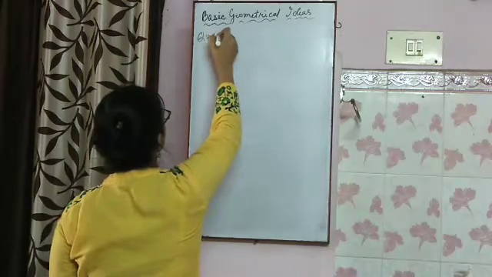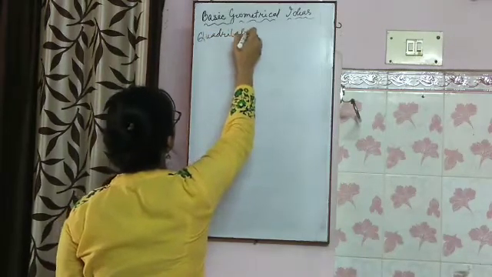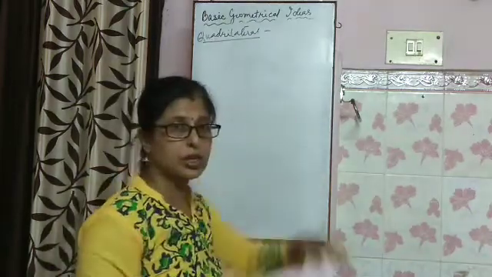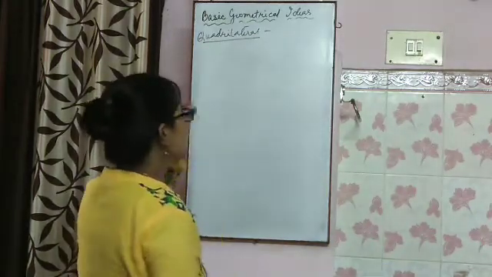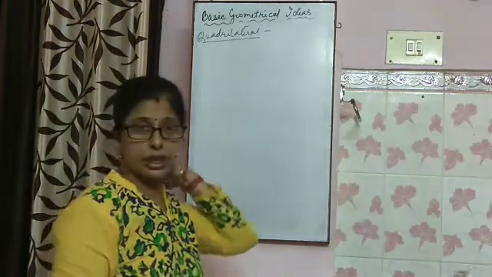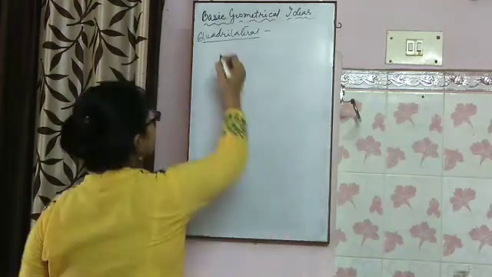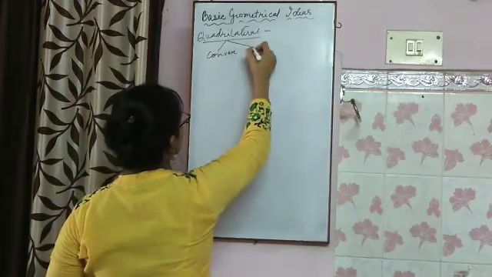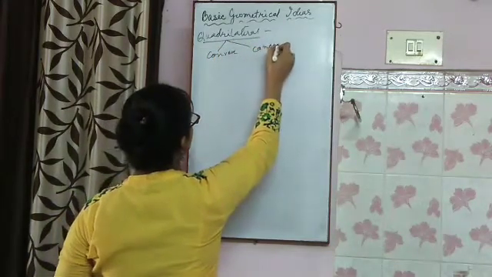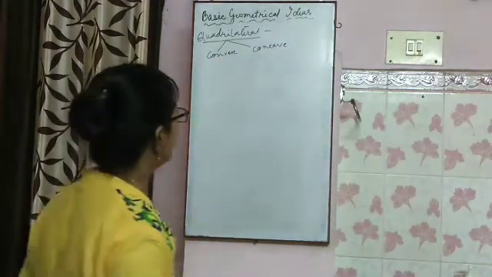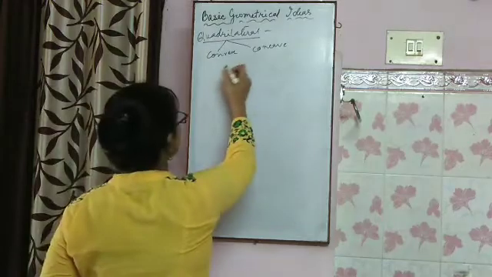Quadrilateral, just now I have told you a quadrilateral has many different shapes. In general, quadrilaterals are of 2 types. One is convex, the other is concave. Now what are called convex and what are called concave?